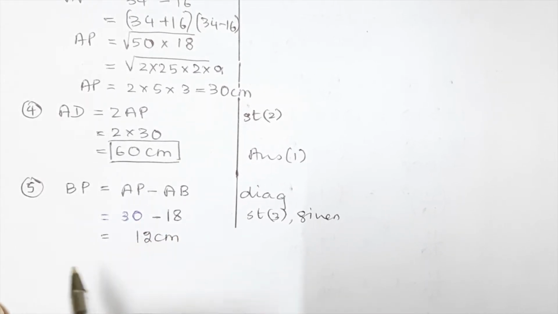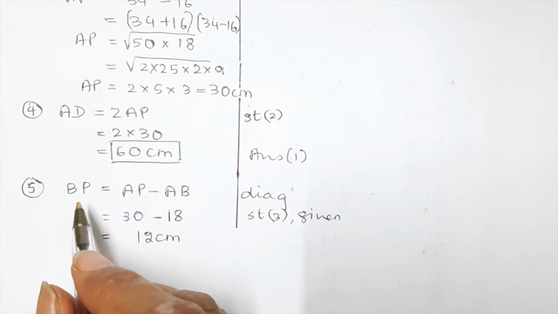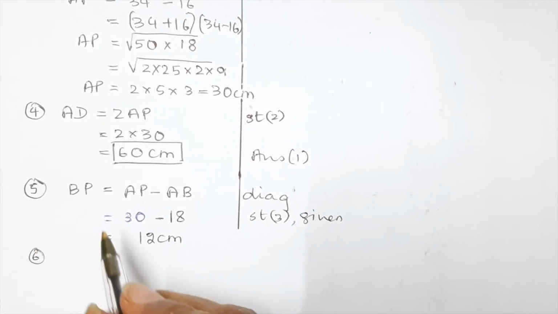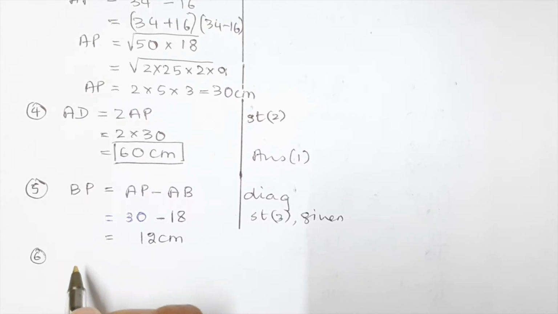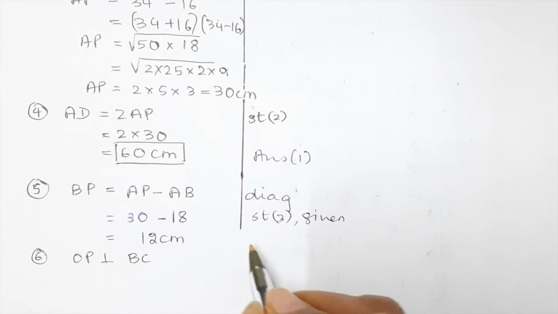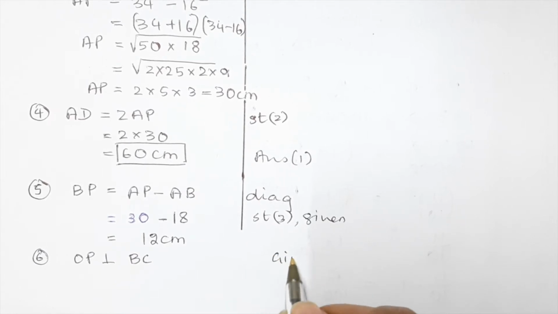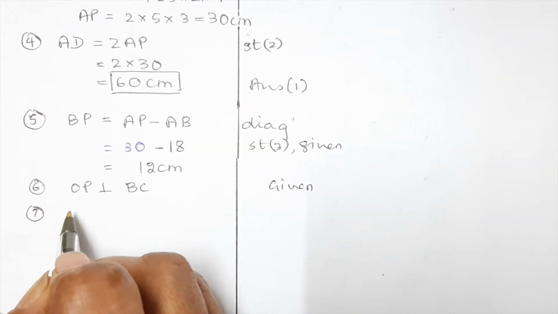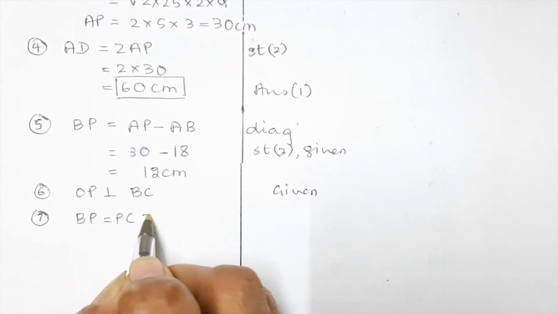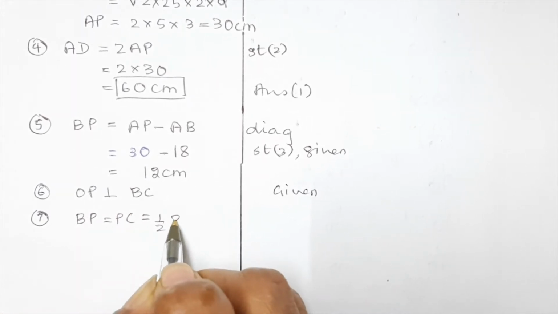Now this is your BP. Now if you look at your diagram, you will see that OP is perpendicular to BC as well. So let us write OP perpendicular to BC, and here it is again given. So 7th statement will be your BP equal to PC equal to half BC.